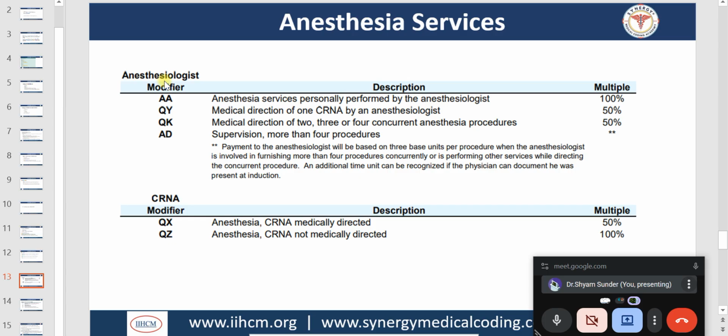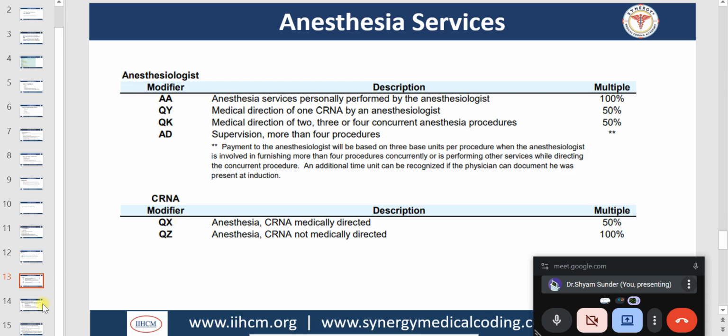The anesthesiologist will just move from one room to another, providing direction to the CRNAs. If that is the case, QY, QK, AD. QY means medical direction of one CRNA. QK is medical direction of 2, 3, 4 CRNAs. AD is supervision of more than 4 procedures. So these modifiers are meant only for anesthesiologists, whereas QX and QZ modifiers are for CRNAs. So go through these.